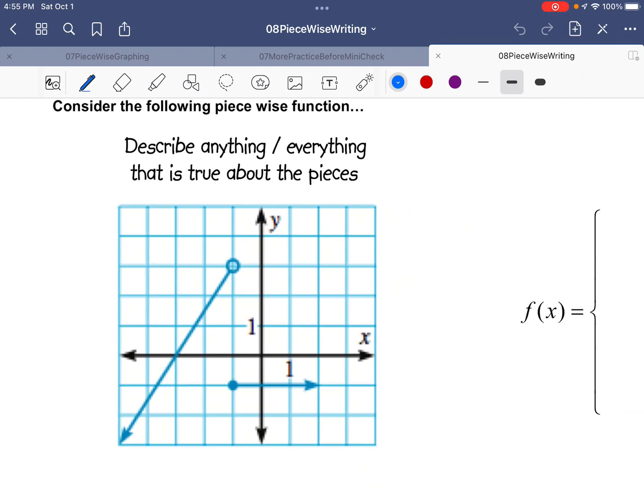If you had been in class, I truly would have just asked you to tell me anything and everything that you find true about any of these pieces. Looks like we have a diagonal line and a horizontal line. Make sure that you can see both of those. A very common response would be for students to talk about the slope.